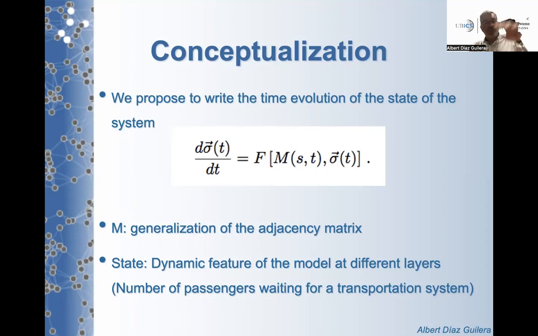That's the reason we put this vector in bold. It depends on the state of the system in some complex way, and it depends topologically on the connectivity, which is this M that we put here, a kind of generalization of the adjacency matrix.